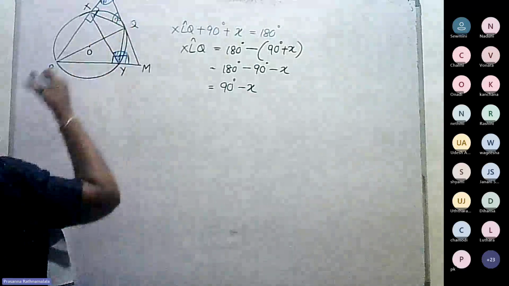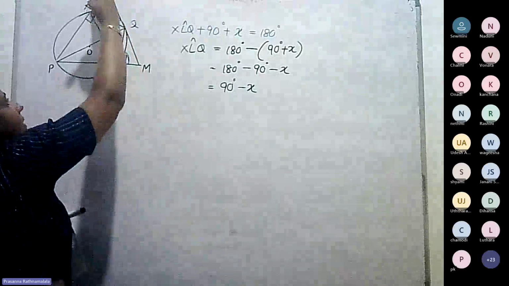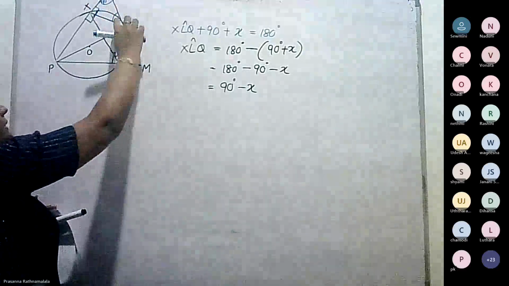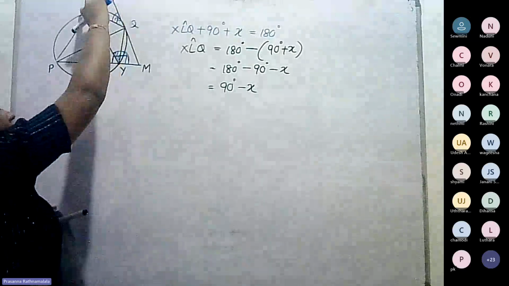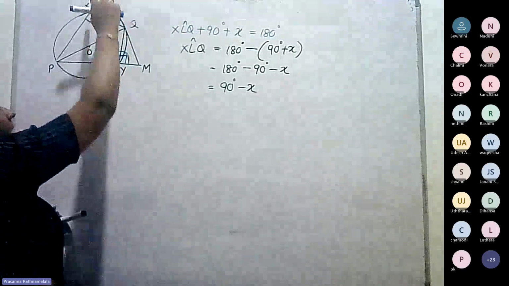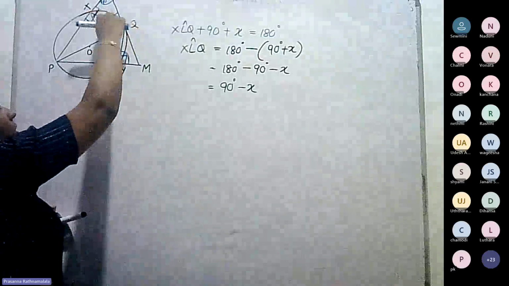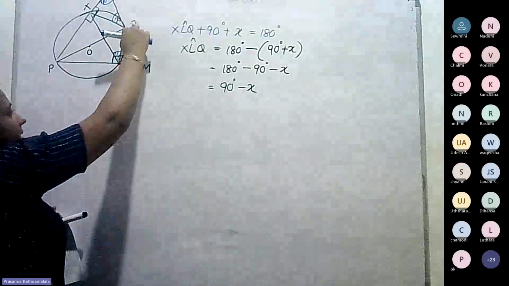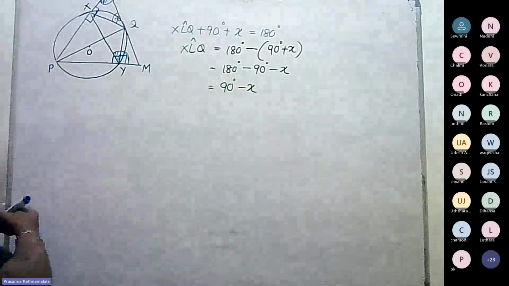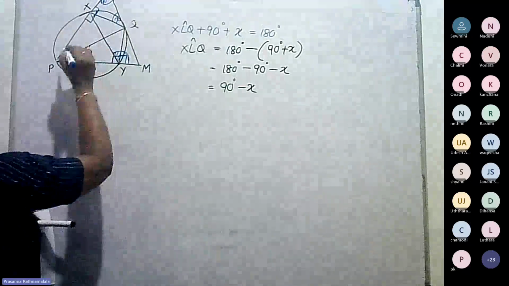This is X. Then ML is a tangent drawn at Q. When we consider the chord XQ and the tangent, this is the angle in between that chord and the tangent drawn at the point of contact. X equals XPQ.